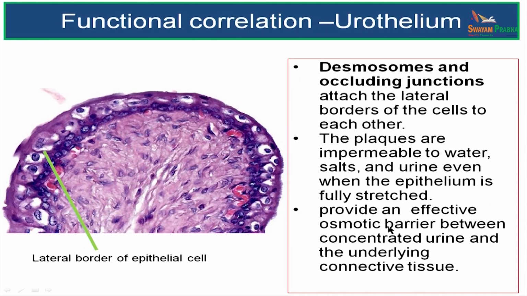So, because of this, it provides an effective osmotic barrier between the concentrated urine which is inside the bladder and the underlying connective tissue. So, the epithelium which we have studied in detail, we call it transitional epithelium or urothelium, is waterproof. It is impermeable to the contents which are present within the urinary bladder.